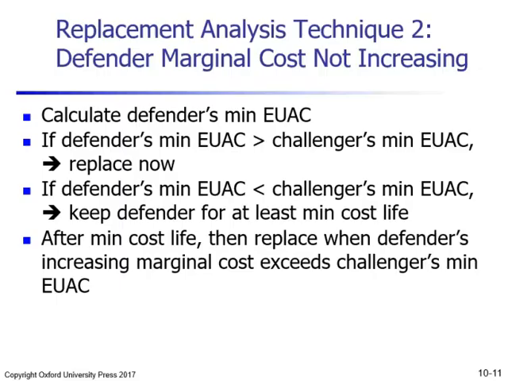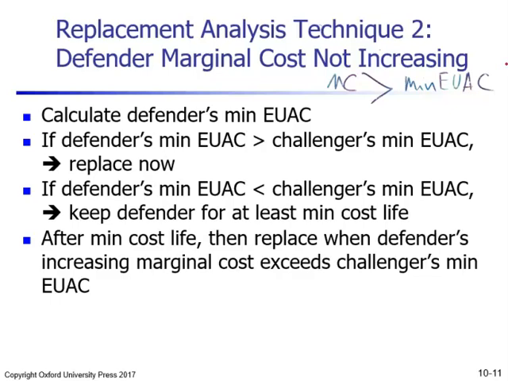So the best way is to compare each year's marginal cost with the minimum EUAC of the challenger, because you are sure if now your marginal cost of the defender is greater than the minimum EUAC of the challenger, for sure next year it's going to be greater again.